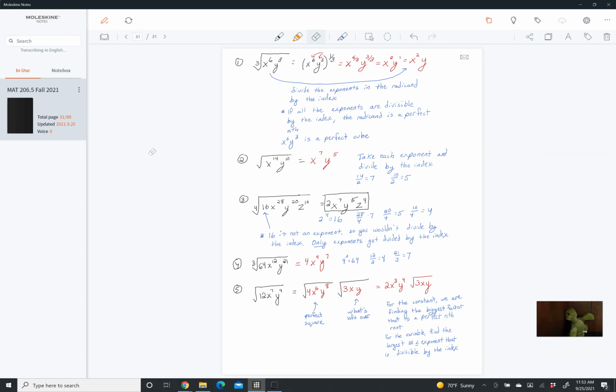And we're saying that the exponents for each variable should add to the exponent in the radicand.